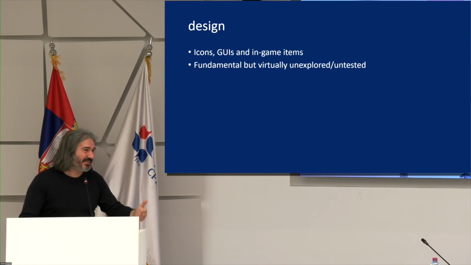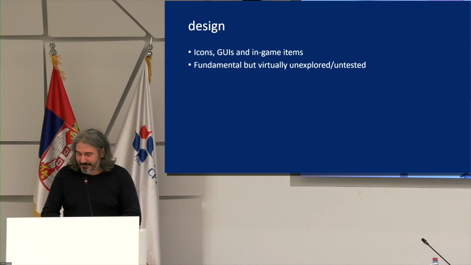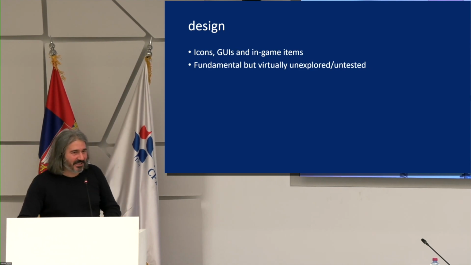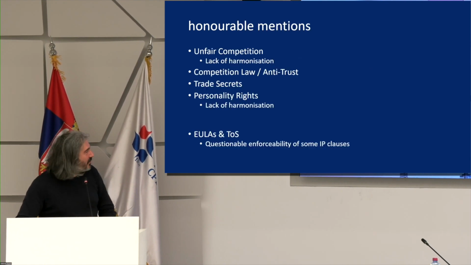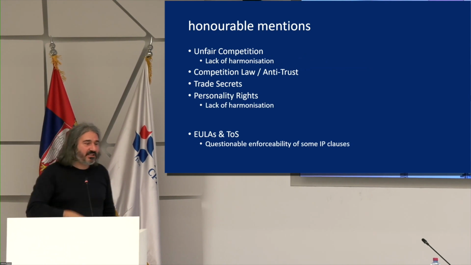So you just apply for the registration. If there is no administrative issue, the design will be granted. So I cannot tell you how powerful they are, but of course, I think they could be. They're cheaper than trademarks. They are probably, in some aspects, even more to the point for what you want to protect in video games. These are just the honorable mentions.